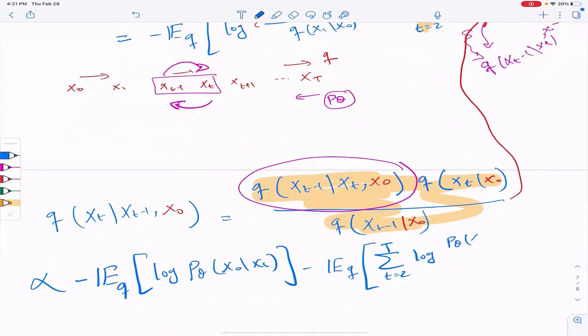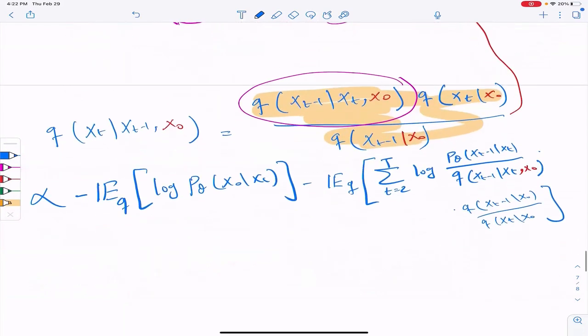I have p theta xt minus 1 given xt over q xt minus 1 given xt and x0, times these two terms, times q xt minus 1 given x0 divided by q xt given x0. So nothing fancy. I just replaced the Bayes rule in my equation.